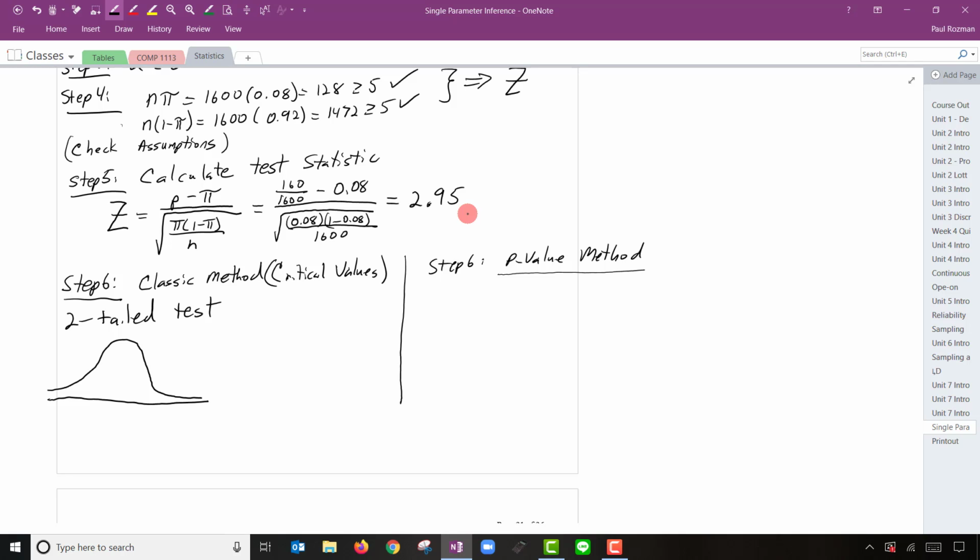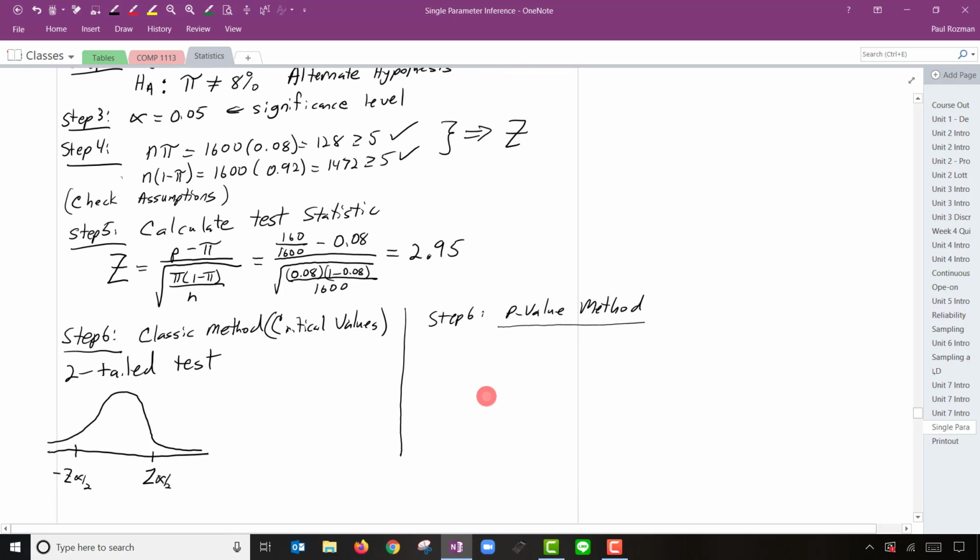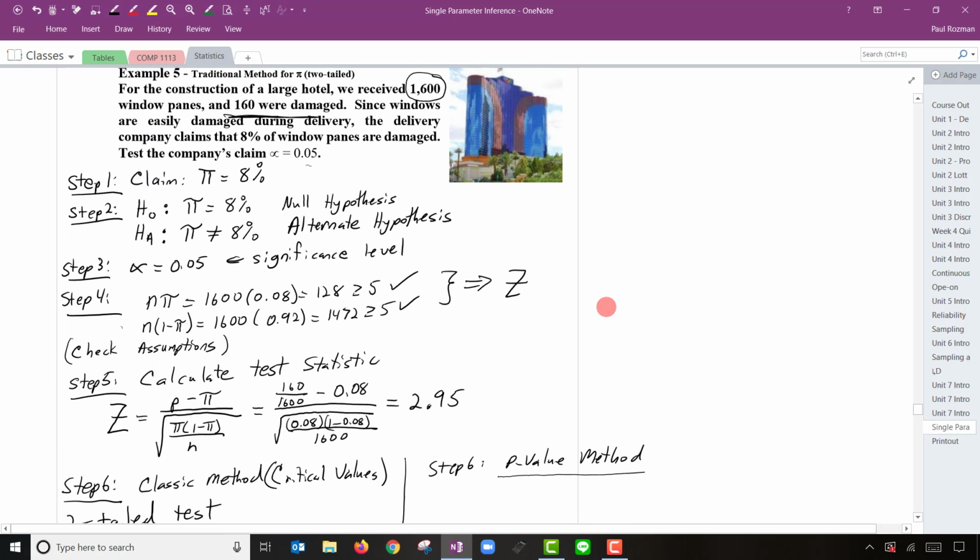In this case, because it is two-tailed, we'll have two critical values, just like we always did in confidence intervals. There is something called a one-tailed test, which I'll show you next. This one is two-tailed. Let me go back and I'll tell you why.